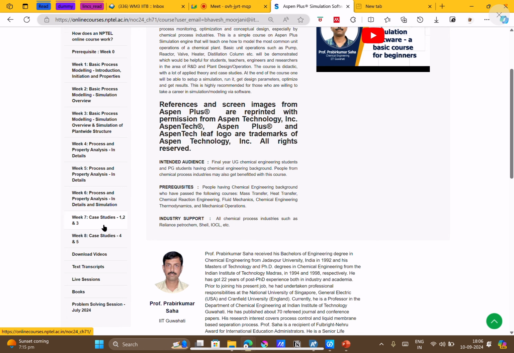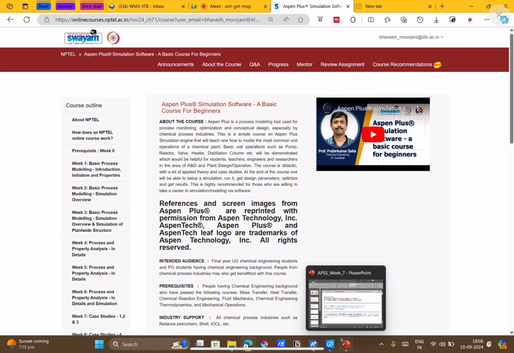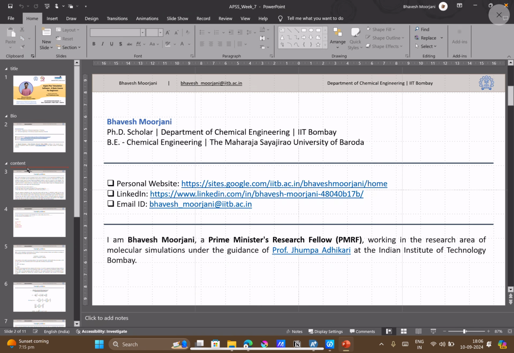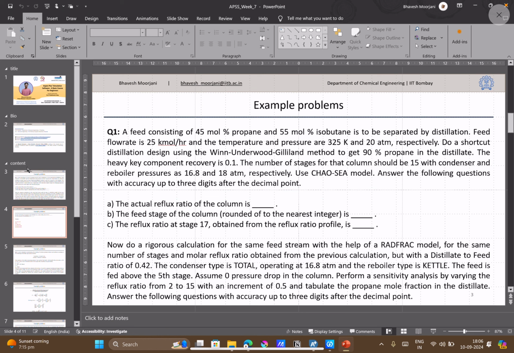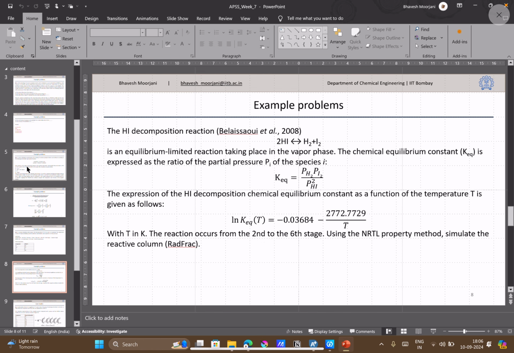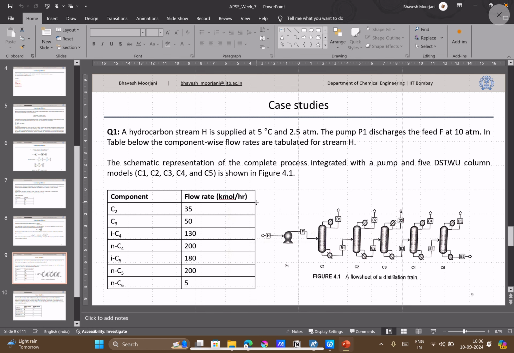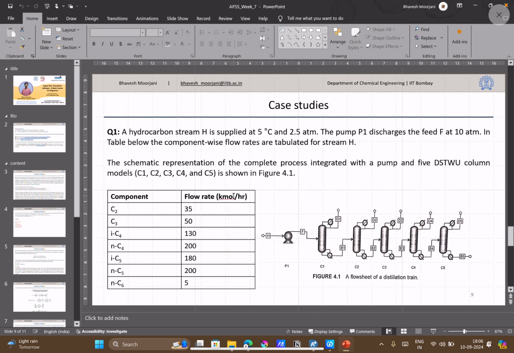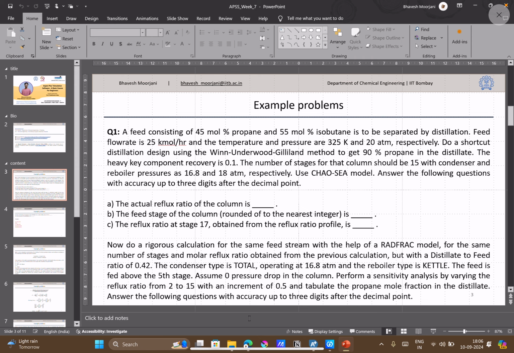The way I have designed this week's lecture is that first we will deal with the basic problems related to the distillation column and reaction engineering, and then we will move forward with the case study which is a series of distillation columns. From the next class onwards we will dwell into more detailed and slightly complicated problems which will involve multiple unit operations as well as processes in a simulation. Let us begin today's class with the problem solving approach.